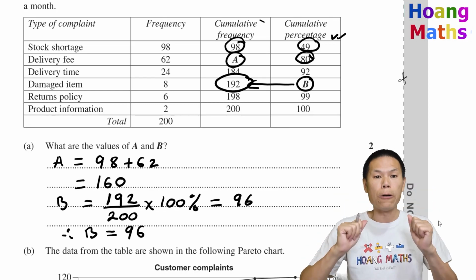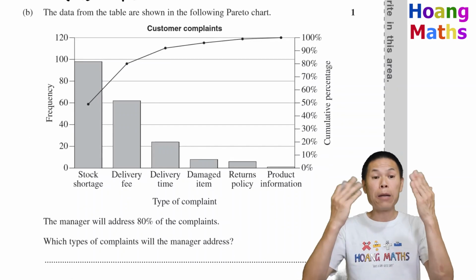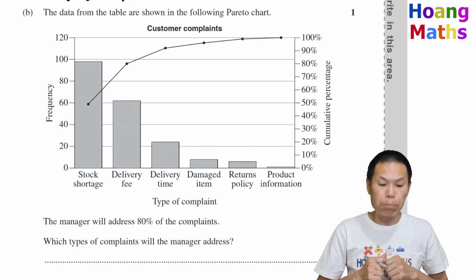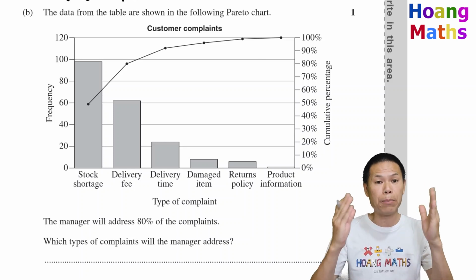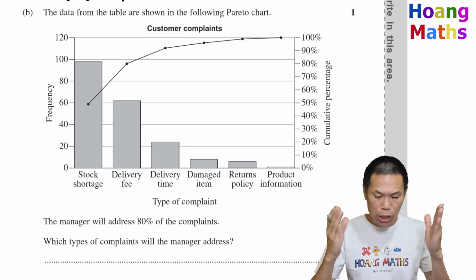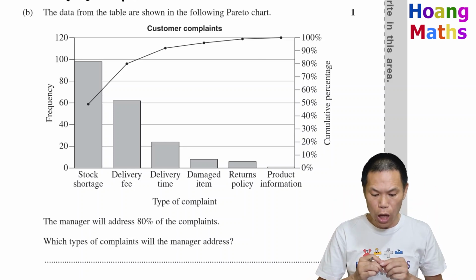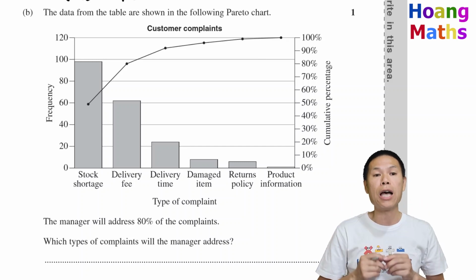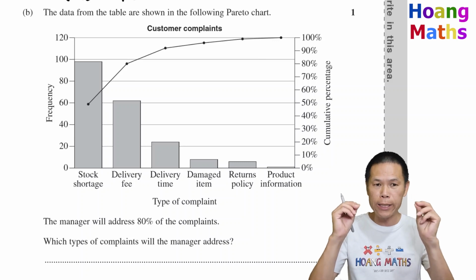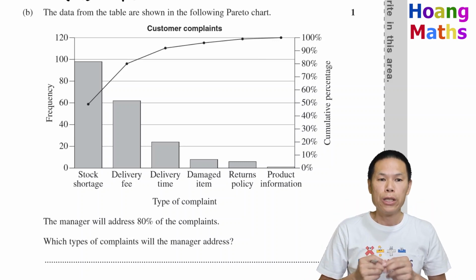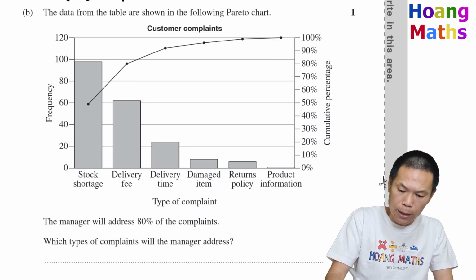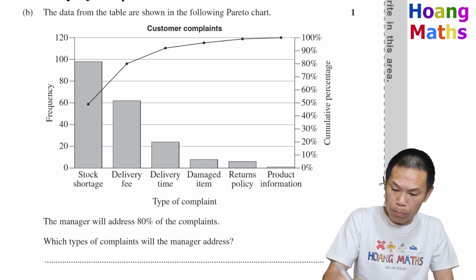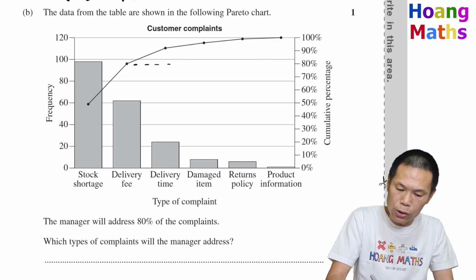So there you go. Part B. Here is the Pareto chart showing customer complaints. The manager will address 80% of the complaints. Which type of complaints will the manager address? So we need to know the 80-20% rule. We look at 80% on the cumulative percentage, so it's on here.